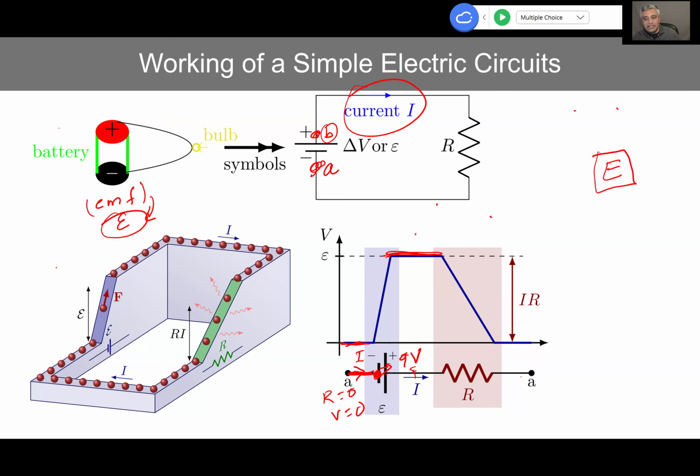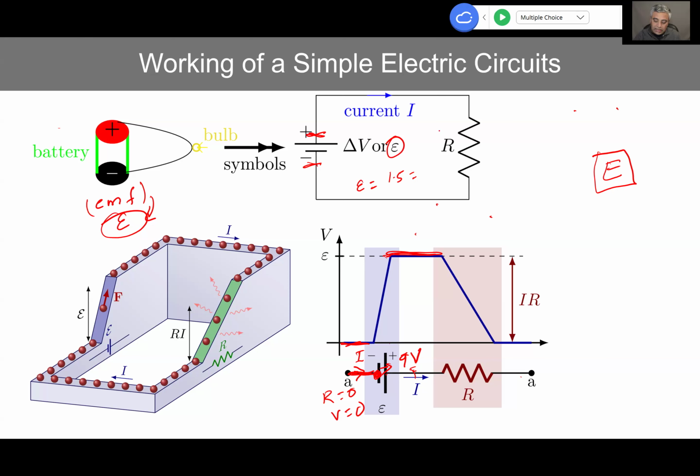So battery is a voltage source. So it provides voltage, let's say delta V. But we say, okay, it has EMF this much. Okay. So if it is 1.5-volt battery, that means EMF is that much. And usually what happens is it can provide same amount of potential difference across this terminal.